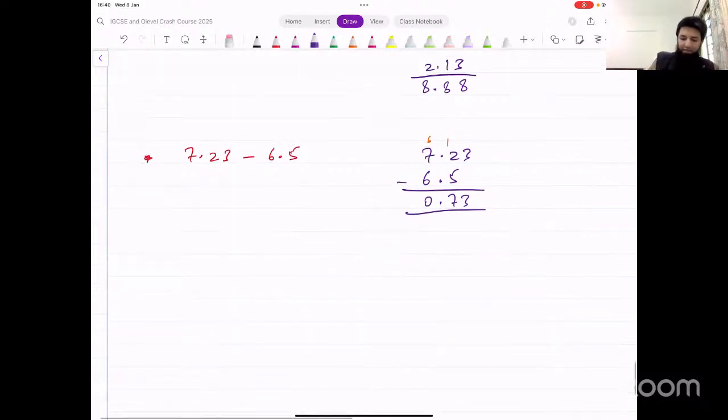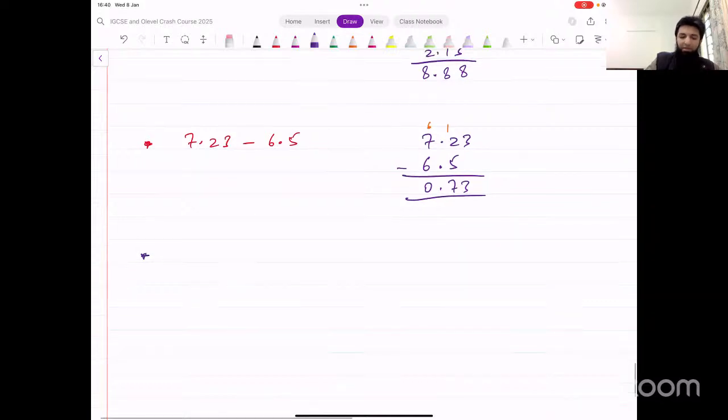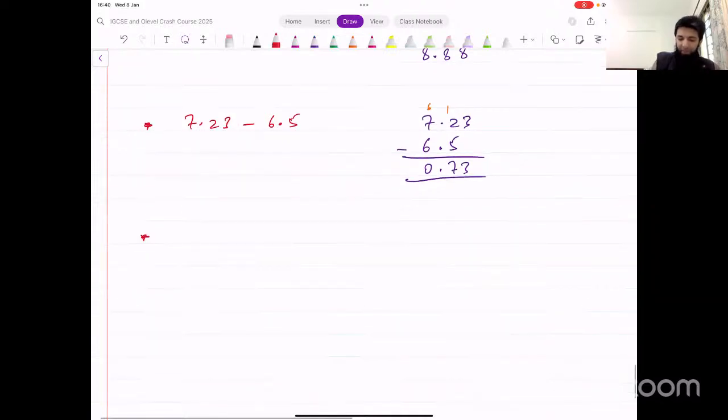Okay, let's try another very quickly. Let's say you've got something like this. You have 2.7 minus 1.3, or let me use a bigger number here now. Let's say you've got 12.7 minus 9.35.